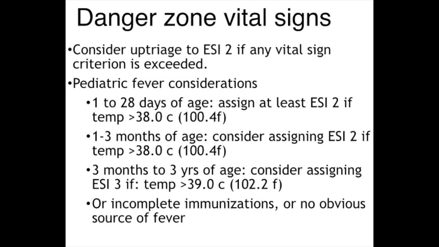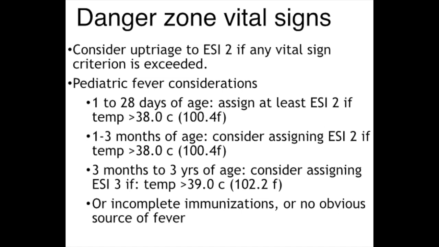A 3-month-old to a 3-year-old can be safely made an ESI 3 if they have a fever, because one of the things that you could do at triage is offer Tylenol or Motrin, depending on whether the patient got anything at home.